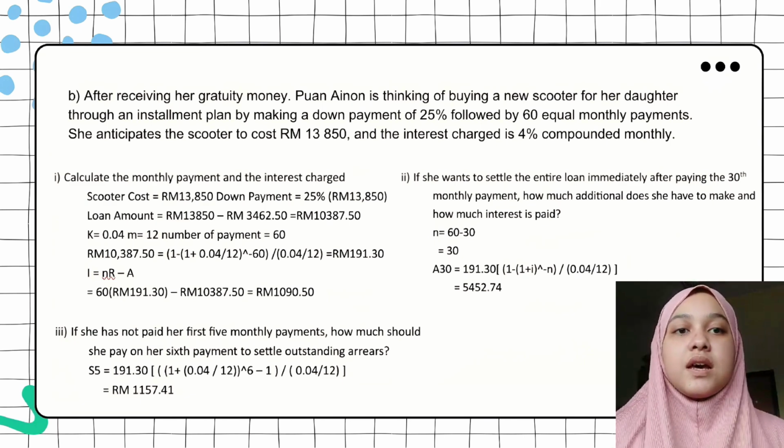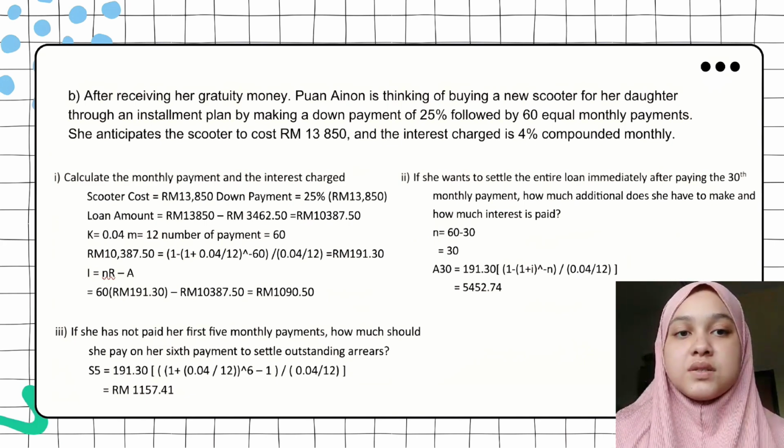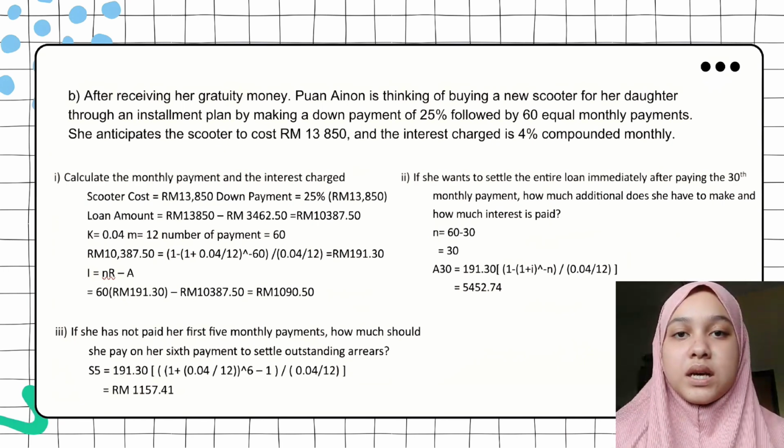So S6 equals 191 ringgit 30 cent times [((1 plus 0.04 over 12) to the power of 6 minus 1) over 0.04 over 12]. And the answer of this question is 1,157 ringgit 41 cent.